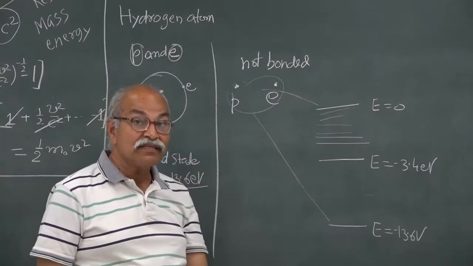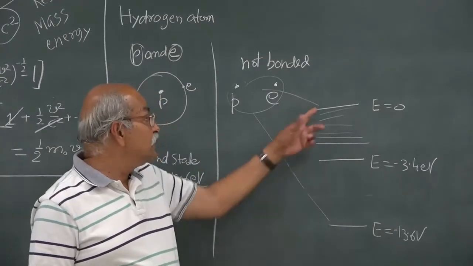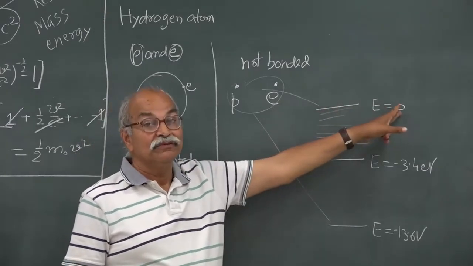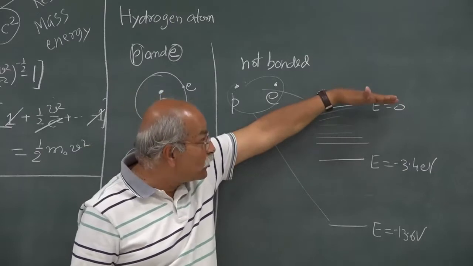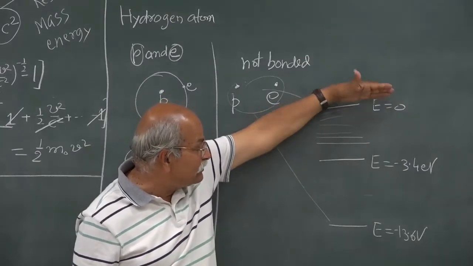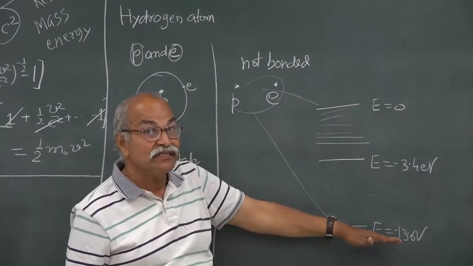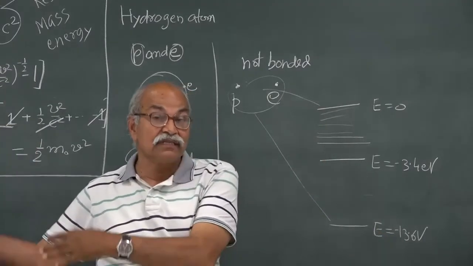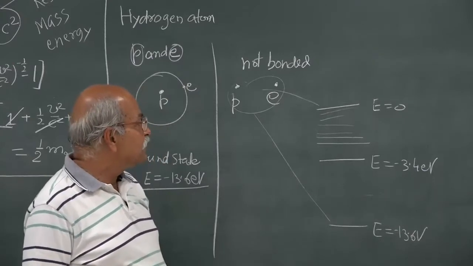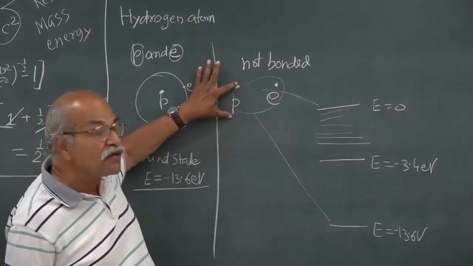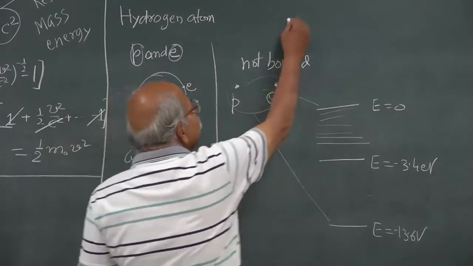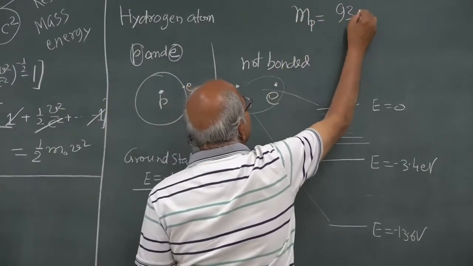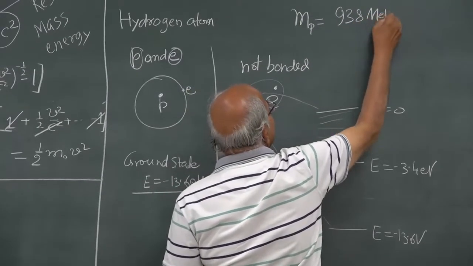The rest mass energy of this combination is not 0. We say that if I call this E equal to 0, then this is minus 13.6 eV. But when we consider these equations, the relativistic phenomena, we will say that the proton had some rest mass, right? The proton had some rest mass which is about 938 MeV by C square.